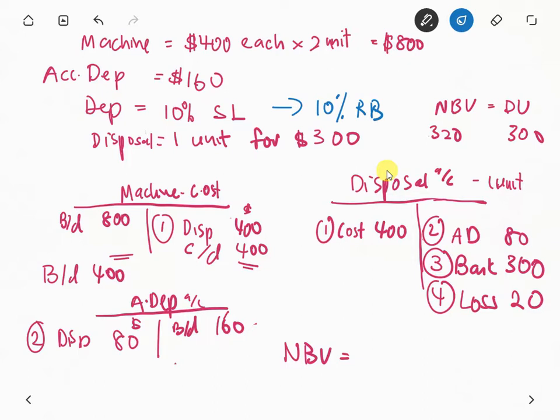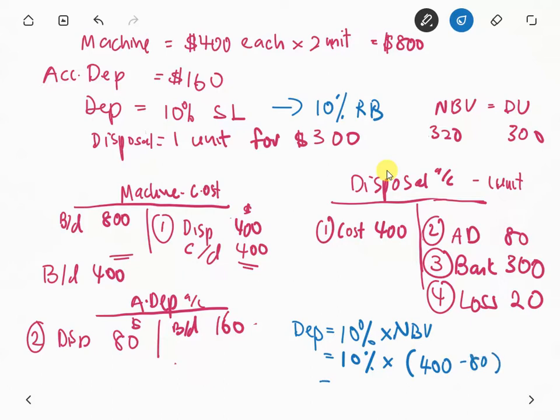So how much is my depreciation? We know depreciation is 10% on net book value. So what is my net book value at the end of the year? Cost 400 minus accumulated 80, I am left with 320. So my depreciation will be 32. Just now 40, now 32 because reducing.